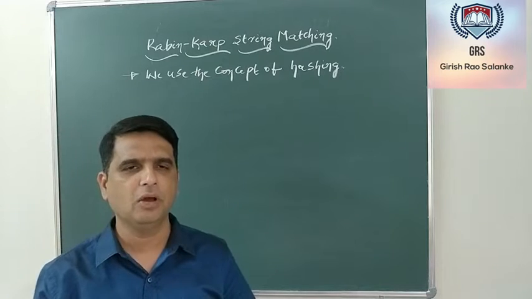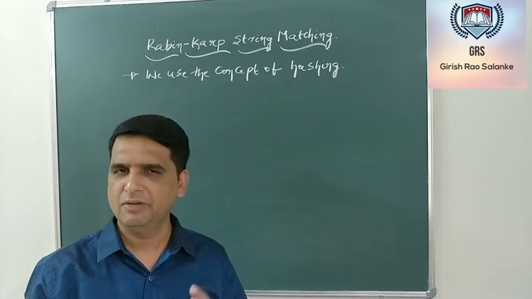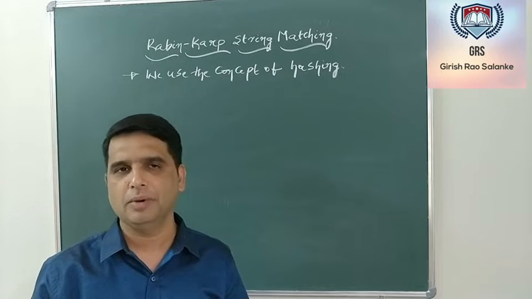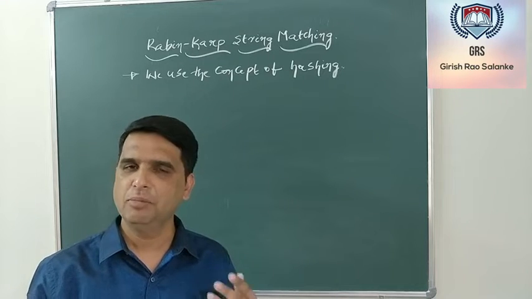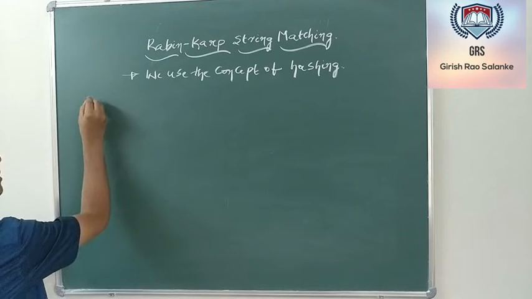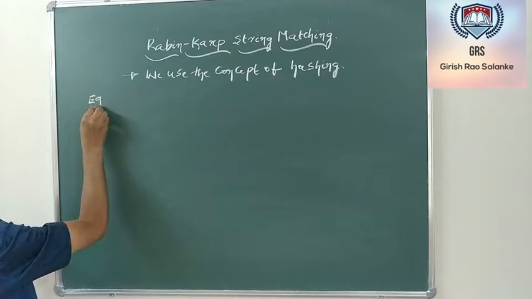Before going to the Rabin-Karp string matching algorithm, let me take some basic example to make us understand how exactly the Rabin-Karp algorithm works, so that it will be easy for us to design the algorithm. Let me take the first example.